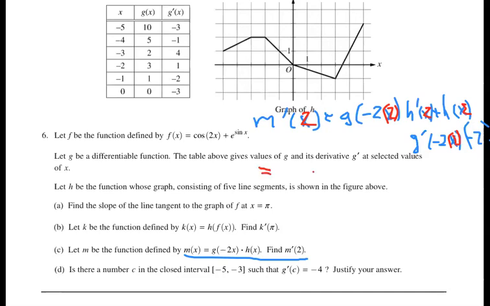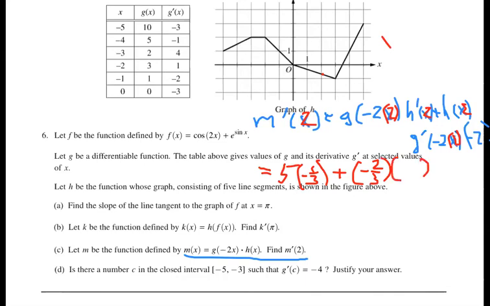So g of -4 is 5, and it's 5 times h prime of 2. H prime of 2 was -1/3 that we found right here again, plus h of 2. So I need a plus sign here. Okay, so h of 2, that was -2/3. I just did that a minute ago. And that's times g prime of -4.